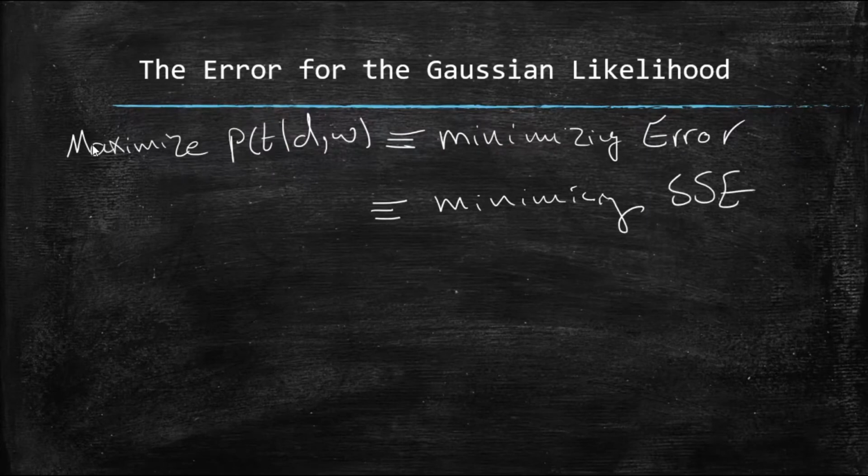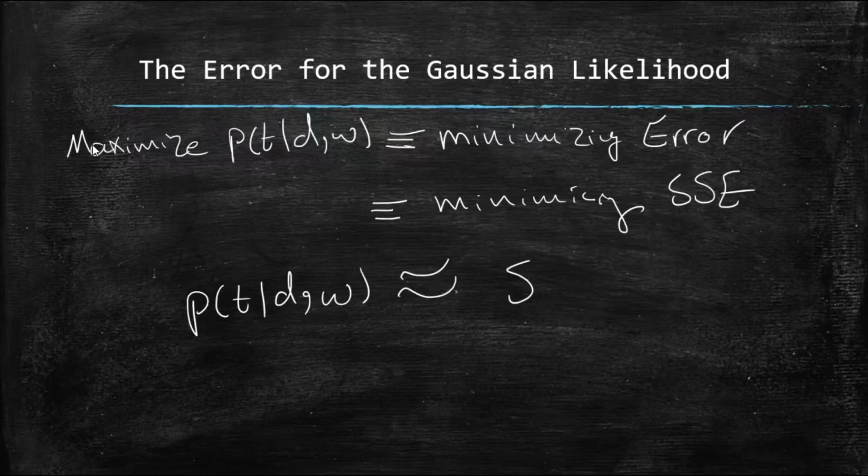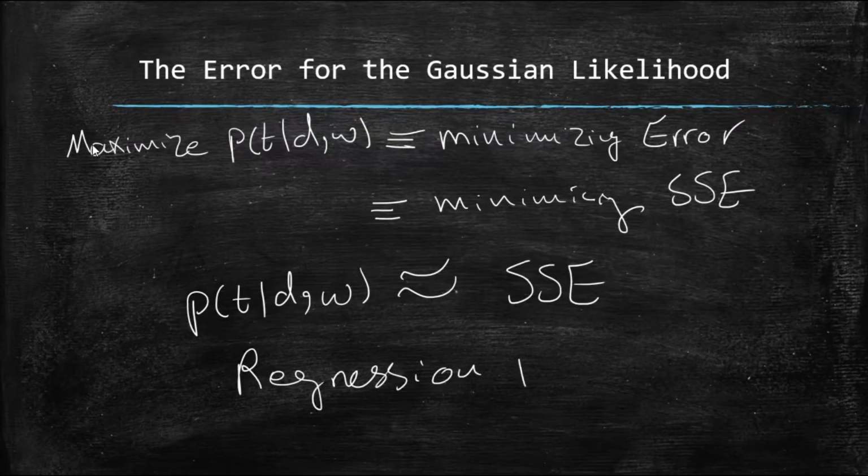So remember, this is how the likelihood relates to the sum squared error for a regression problem, right?